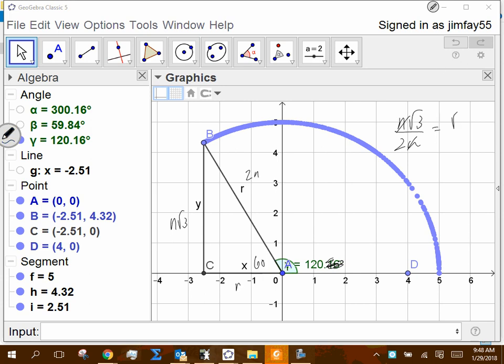So I get radical 3 over 2? You get about 0.86 or something like that? Okay. So type in sine of 120, you get 0.866, right? Type in sine of 60. 0.866 again, right? Why are they both positive in this case?